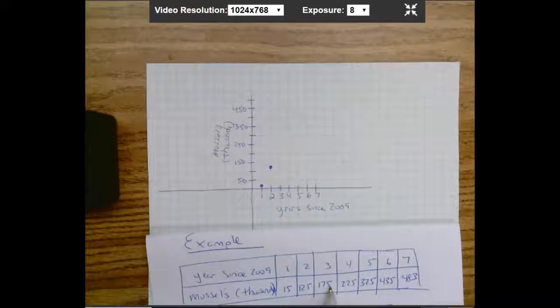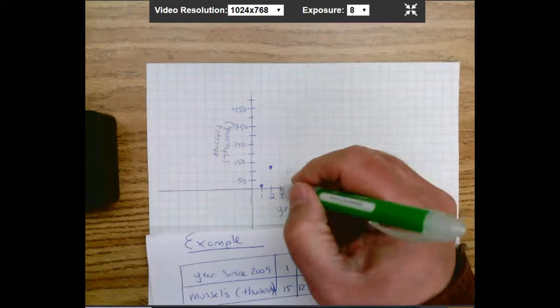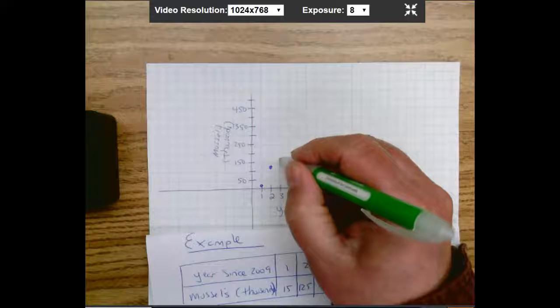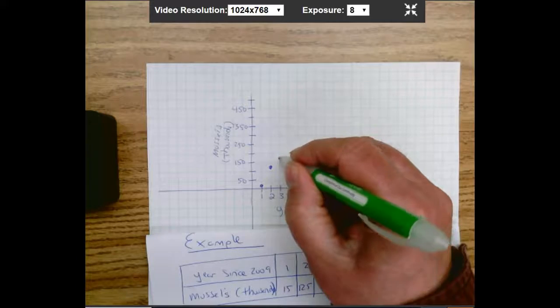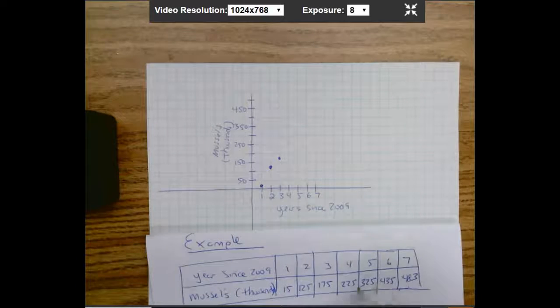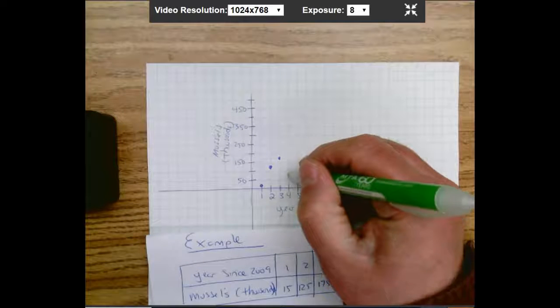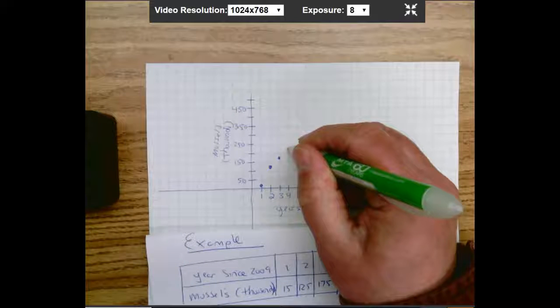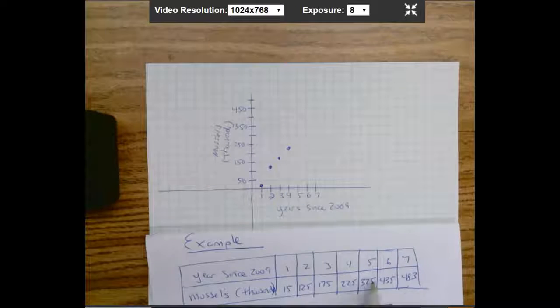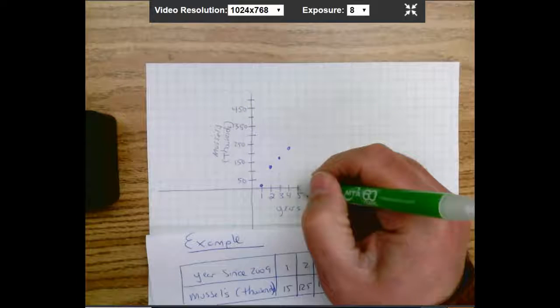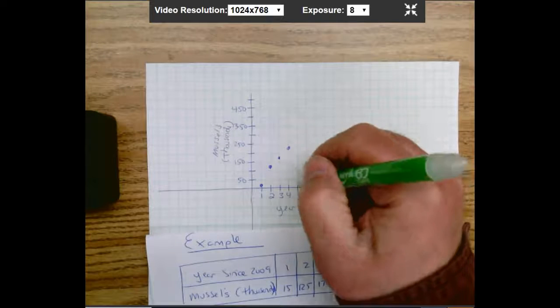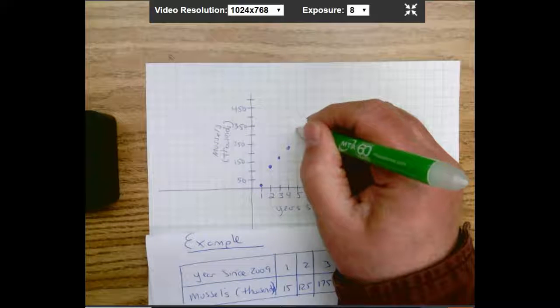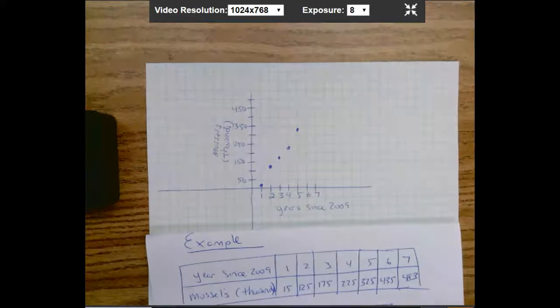Okay, year 3 we have 175, somewhere like here maybe. And then year 4 we have 225. It's somewhere about here. Year 5 we have 325. And then year 6 we have 435.